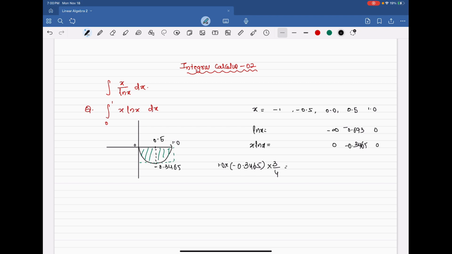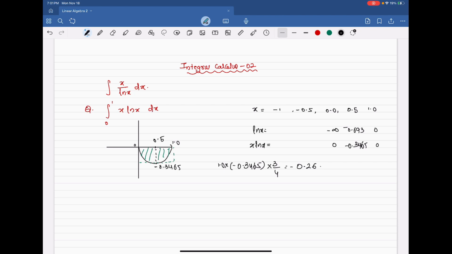Then what will be its value? 1 into 0.3465 into 3 divided by 4. That is approximately 0.26. What is the value of the integral 0 to 1 x ln x? Its value is minus 0.26.